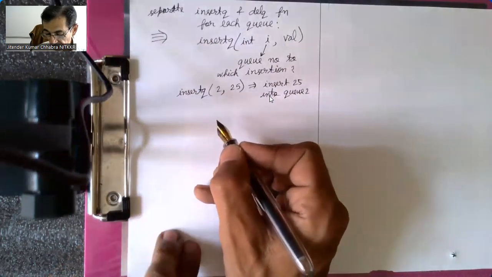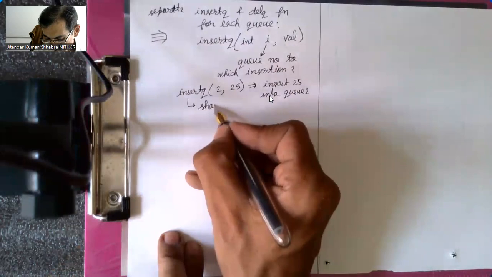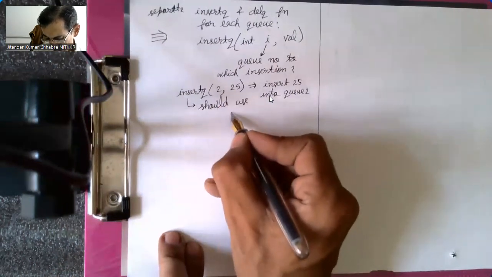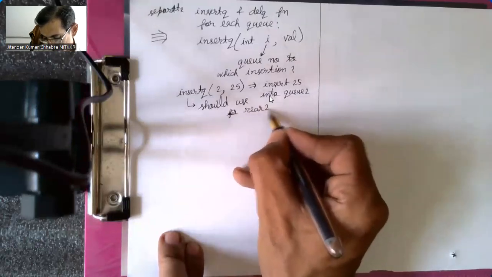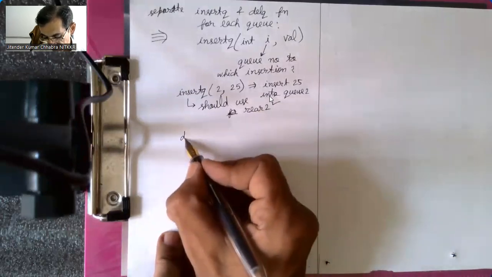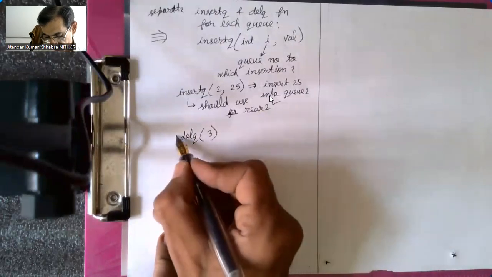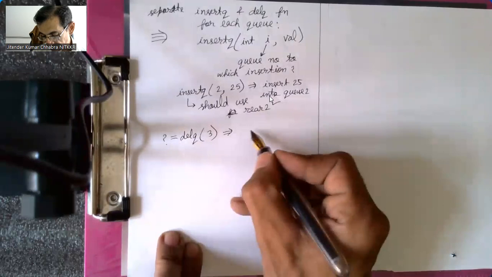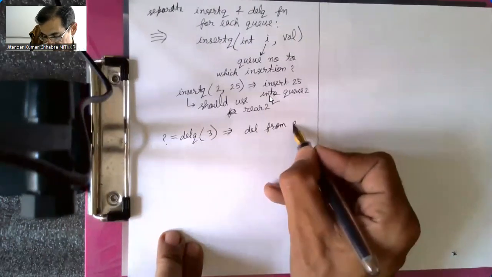So internally it should be able to use front or rear 2. And similarly, if I say delete Q from 3, some value, that will mean it should be able to delete from Q3.